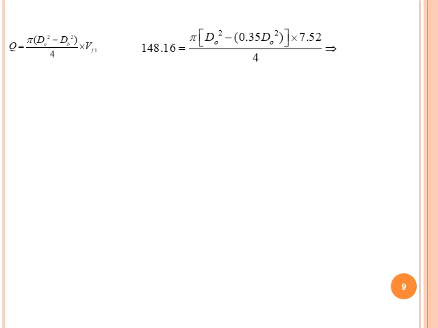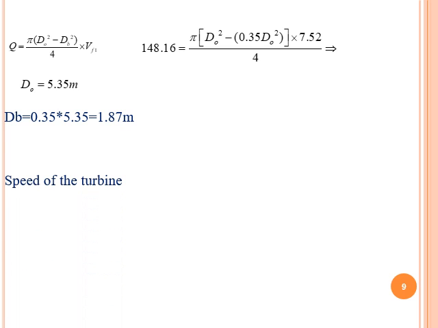The hub diameter is 0.35 times the external diameter, so dB square is 0.35 D naught square. After simplification, the external diameter is 5.35 meter, and the diameter of the hub or boss is 0.35 times the outer diameter, that is 1.87 meters.